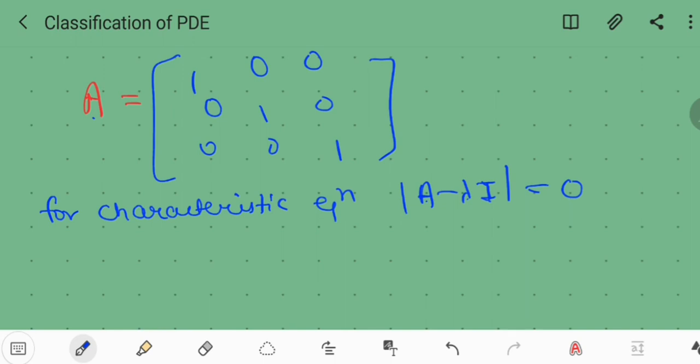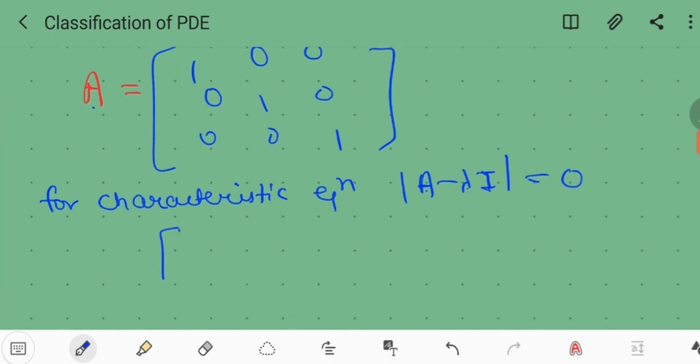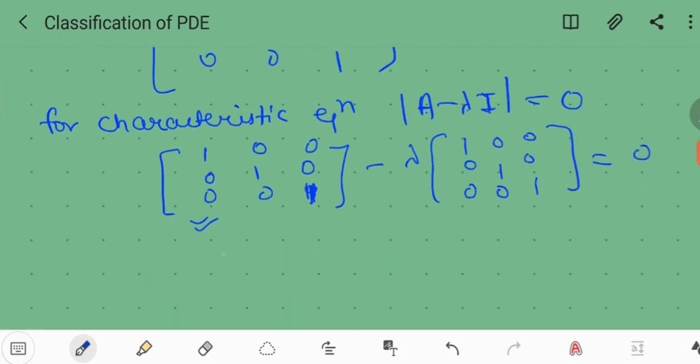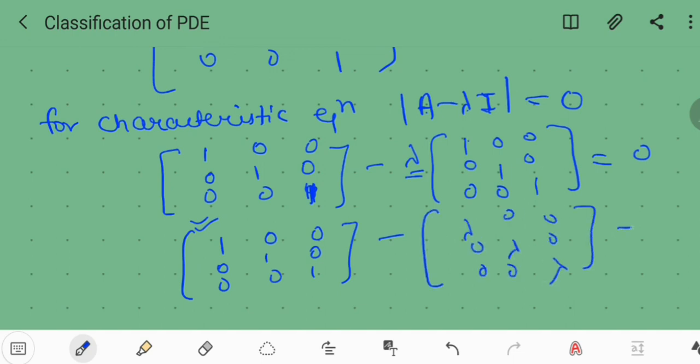So if I simplify this, just write it like this. You may know this, but still I'm doing it. Lambda I is the identity matrix, and because this matrix is of order 3 by 3, I am taking this as 3 by 3 as well. By the scalar property of the matrix, you multiply with each term of the matrix, so this will become lambda, lambda, lambda, and the rest will be 0.